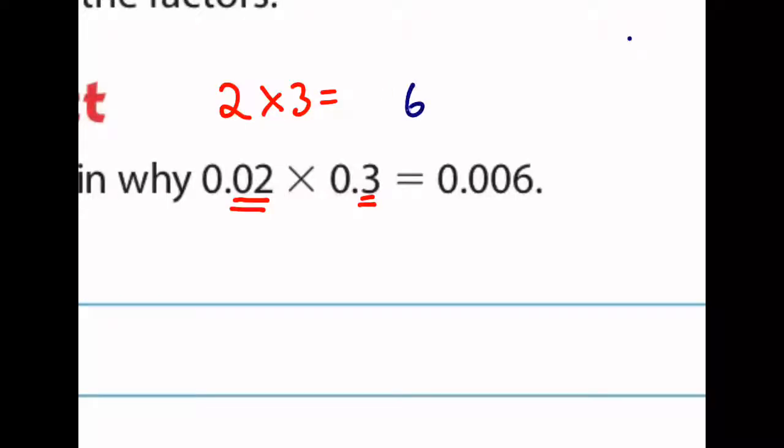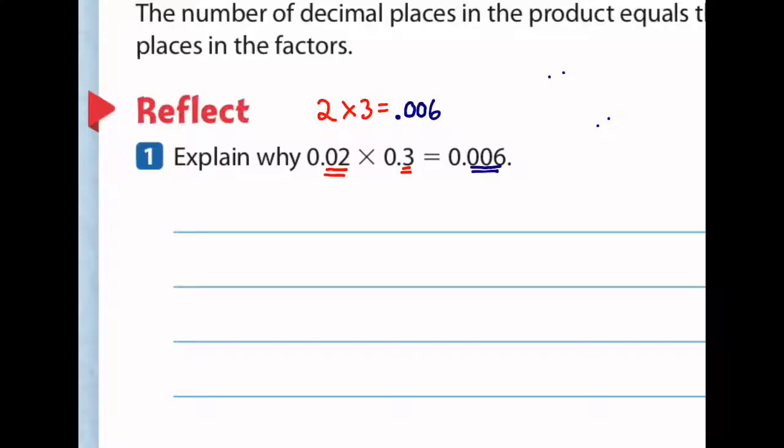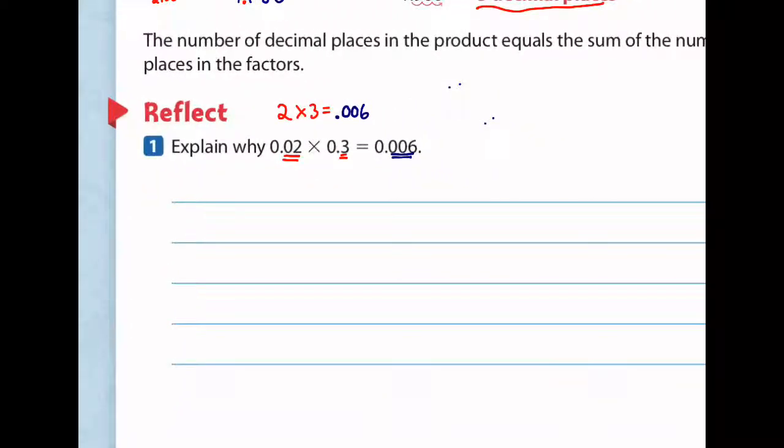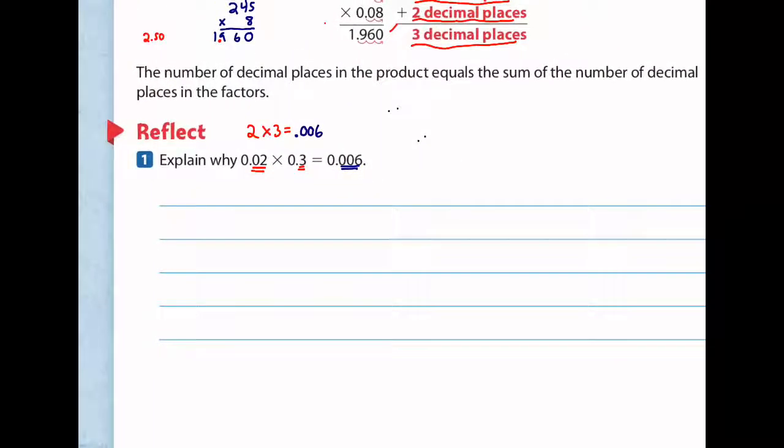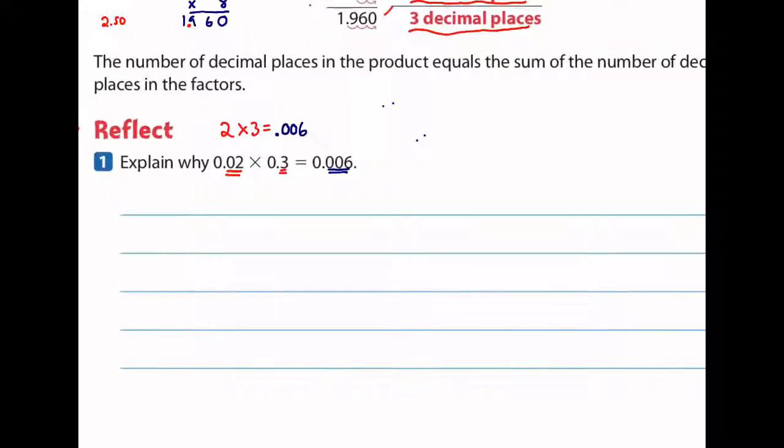I'm going to write it over here. To make it have 3 decimal places, you have to add a few zeros in front of it. So that's where they're getting this answer, 3 decimal digits. All right, so now we want to know, explain why 2 hundredths times 3 tenths is 6 thousandths. Now pause the video, write your reflection, 2 to 3 sentences should be fine. Restart it when you're done. Go.